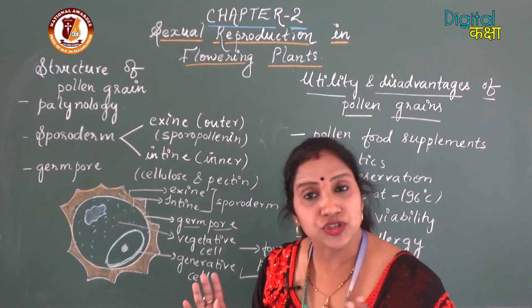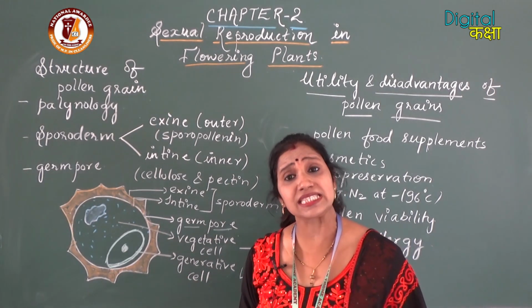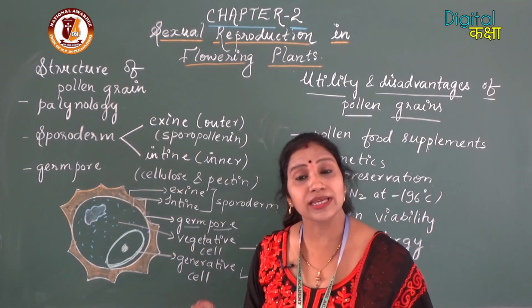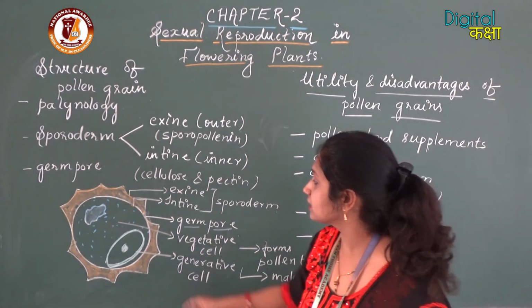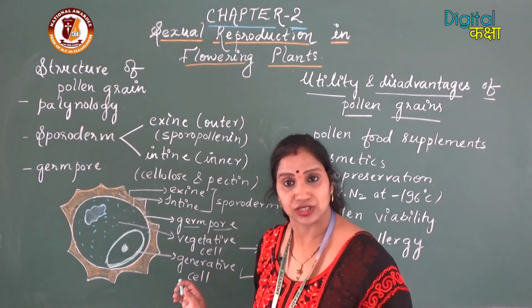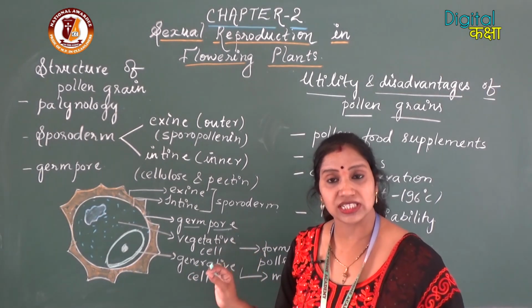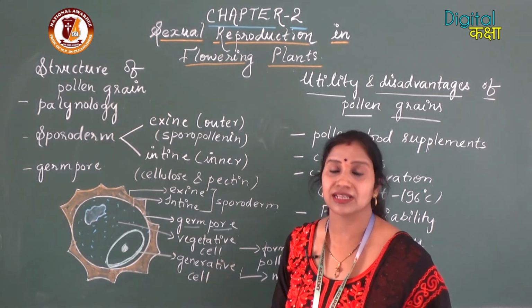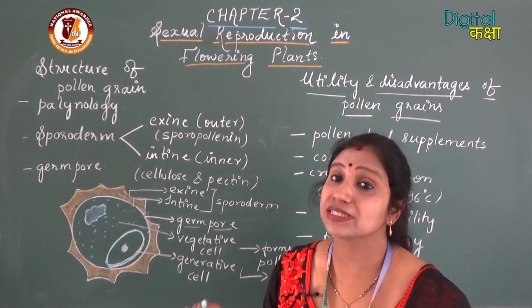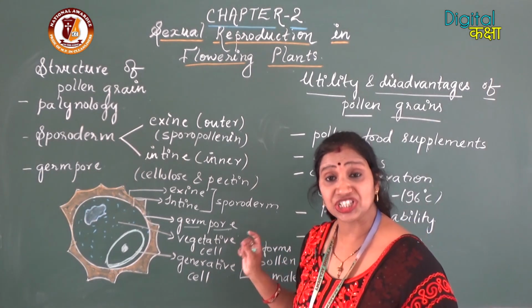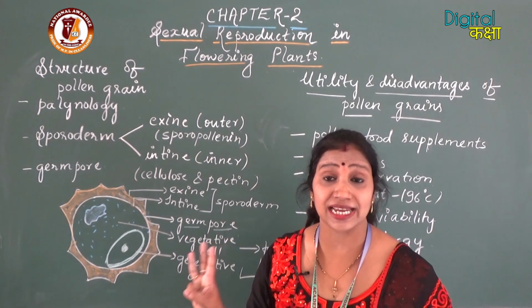Normally in most of the flowering plants, or you can say in 60% of angiosperms, the pollen grains are shed at this two-celled stage. That is, the pollen grain will contain the vegetative and generative cell. While in 40% of the angiosperms, the pollen grains are shed at the three-celled stage.